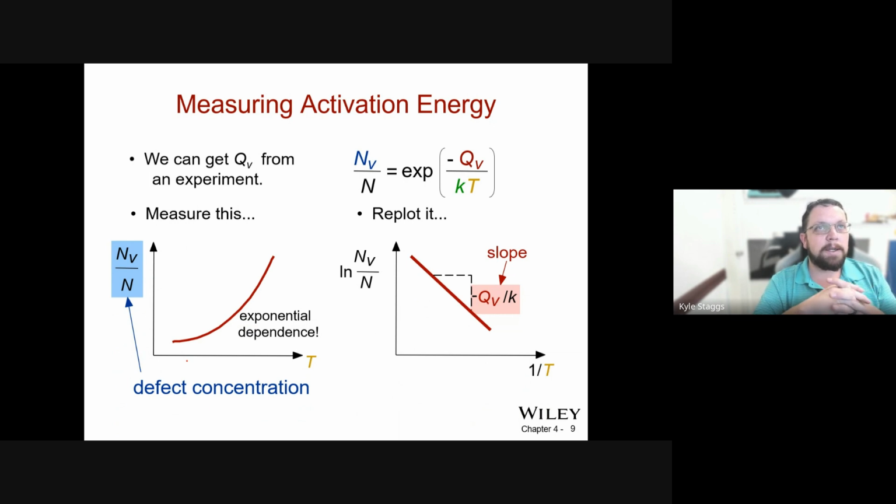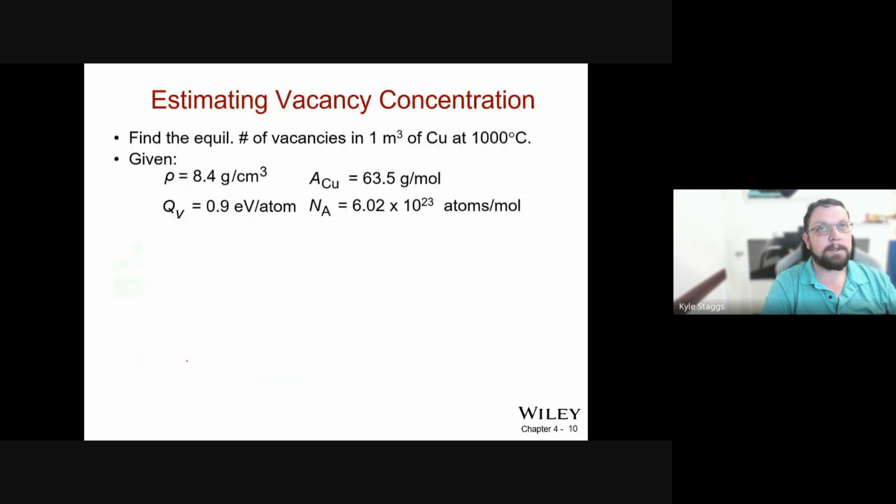Plotting it on a log plot, there is a slope that is approximately proportional to minus Q_V over k. So you can estimate what Q_V is based on the defects that are being observed. That's a handy way to get after it.